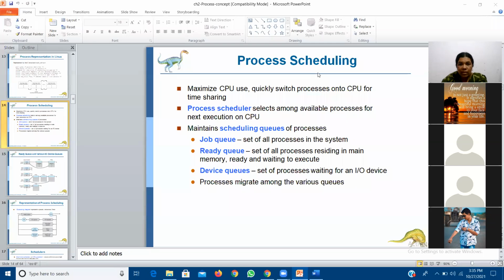Today very little time is there, so better I will take photos of your attendance, and then I will terminate. Just wait.